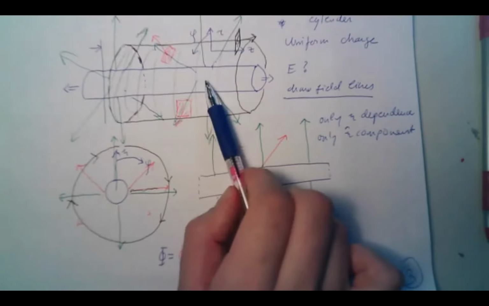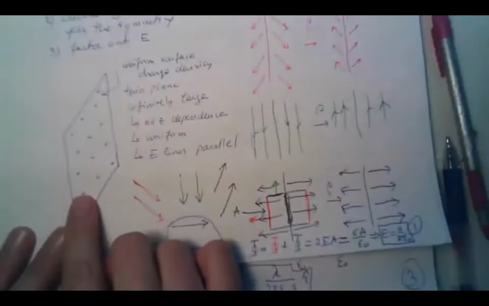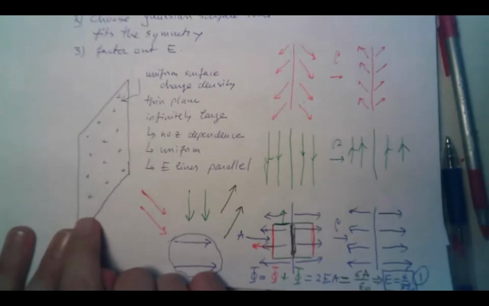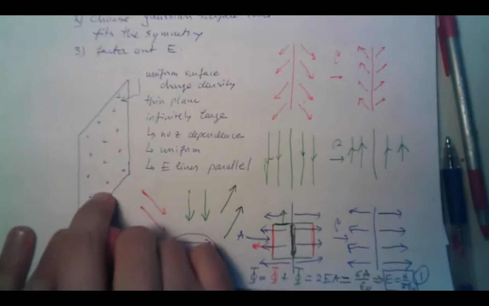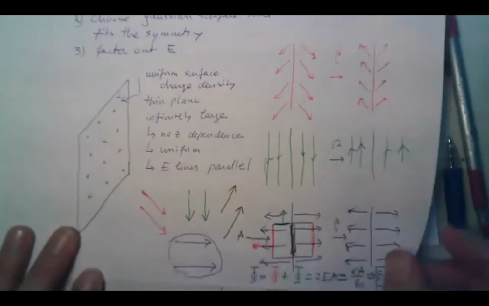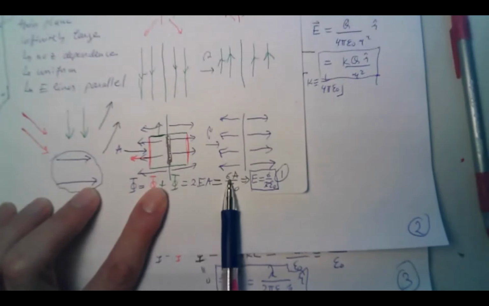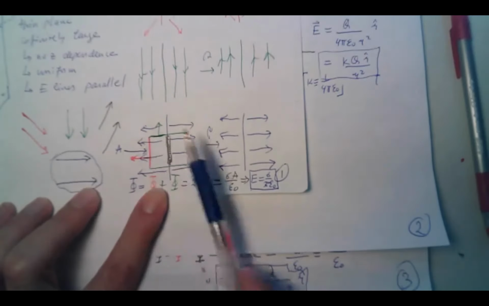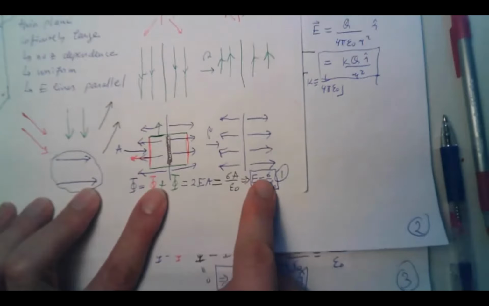Now, the same thing happened with the plane, right? So when we had a plane, this plane was an infinitely large plane, and the charge density was finite though, right? But we can't really have infinite electric field, so somehow we need to put the surface charge density in there. And in fact, that's what we did. We said the enclosed charge is the surface charge density times A. So also in this case, because the total charge is infinite, we end up with E field that depends on the charge density.